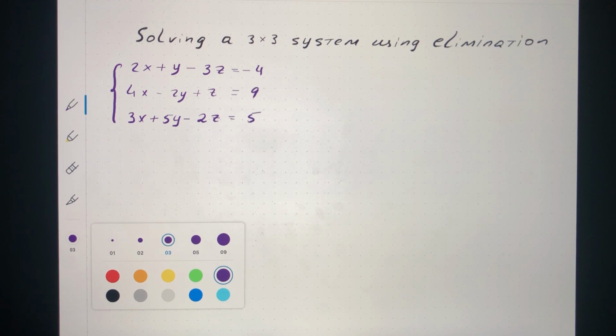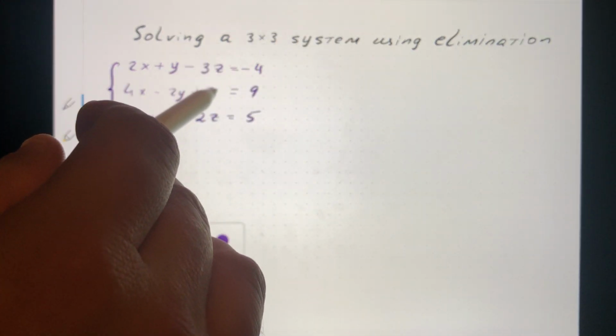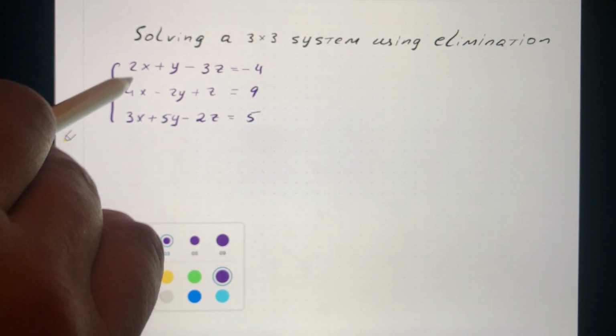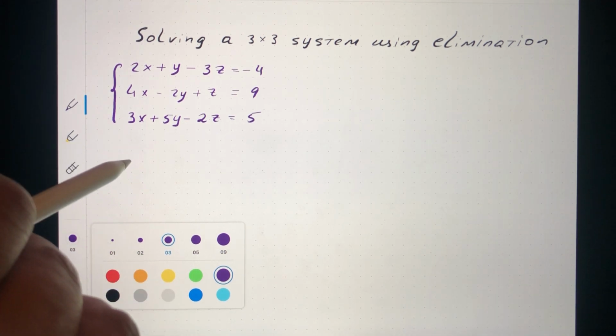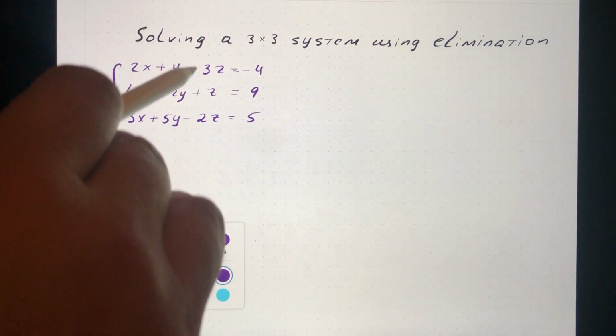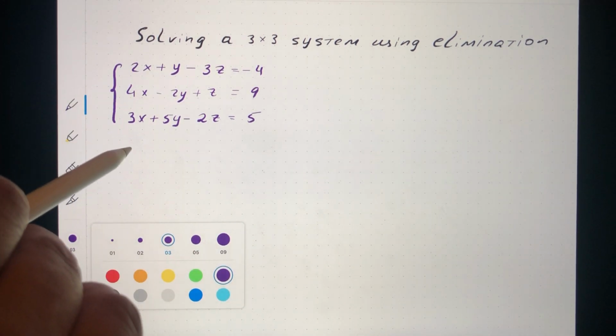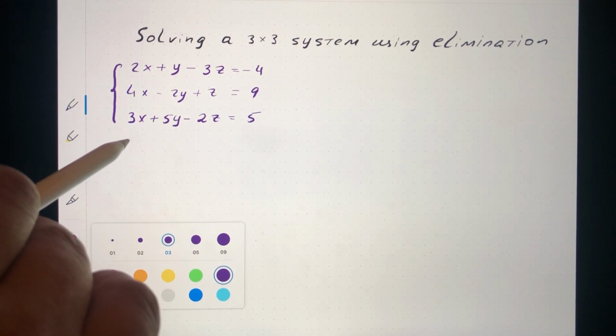So when we use elimination, we add equations in pairs in such a way that one of the variables cancels off, either y's or the z's or the x's. And to do this, we can look at all the coefficients in front of x, y, and z, and ask ourselves, if these were denominators, what would be the least common denominator?